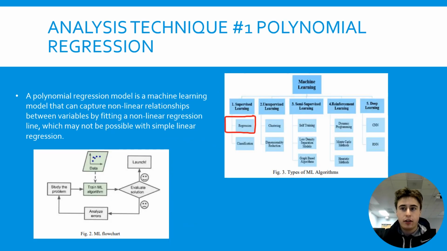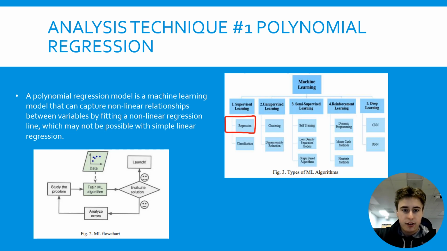So the first technique that the paper went into was the polynomial regression model. If you look at it, I put it in red. Under machine learning, there are many different types: supervised, unsupervised, semi-supervised, reinforcement learning, and deep learning.